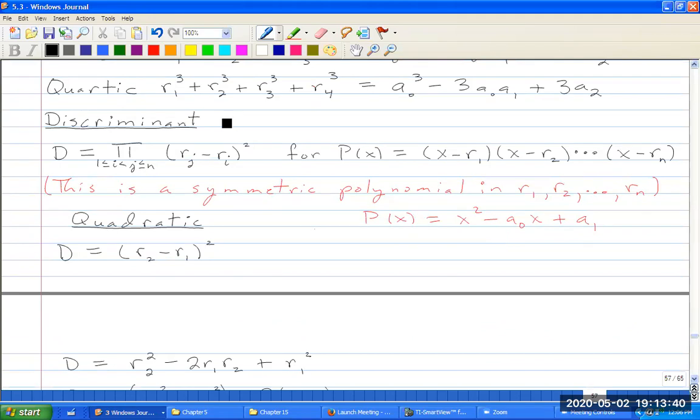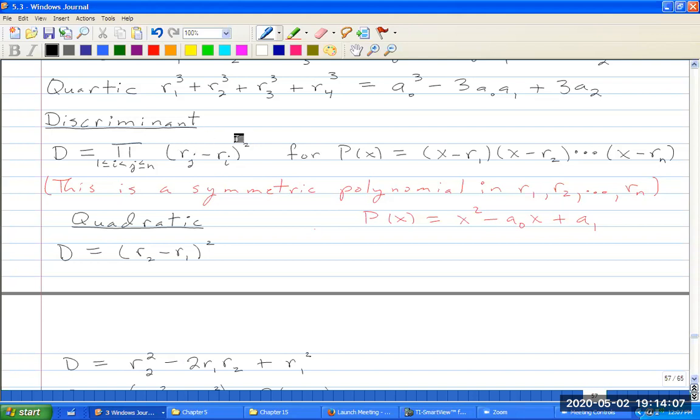The discriminant, D, is defined as the product of the differences between all the roots. Of course, you don't take the difference of two roots that are equal.